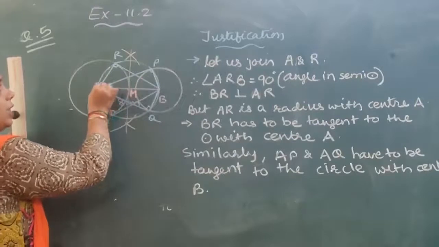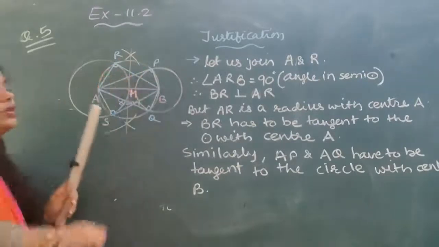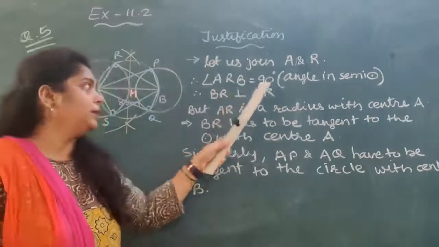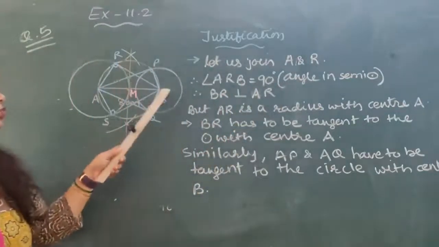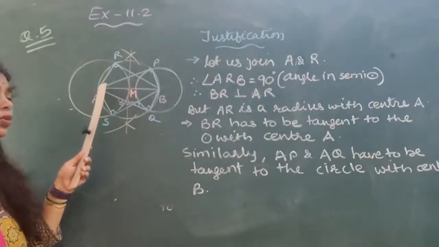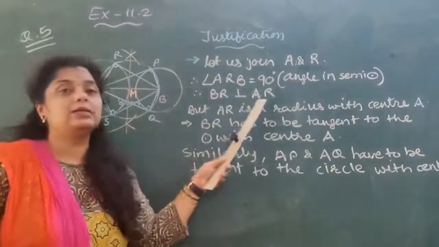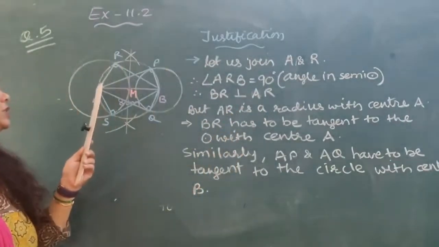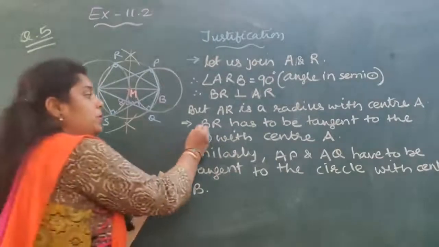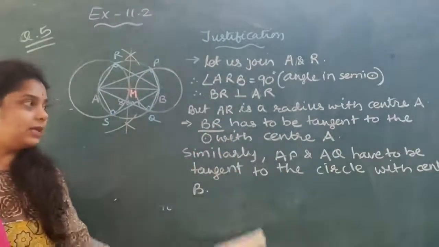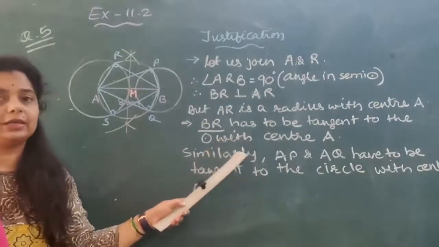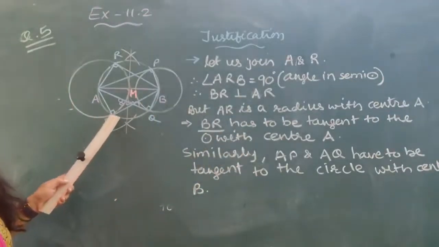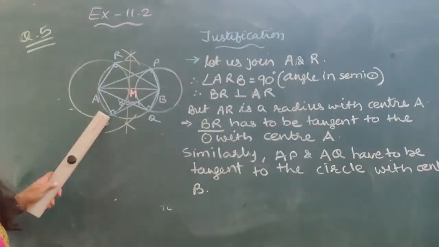The angle subtended in a semicircle is always 90 degree, and therefore angle ARB is equal to 90 degree. As it is 90 degree, so BR is perpendicular to AR, and as BR is perpendicular to AR and AR is a radius with center A, therefore BR has to be a tangent to the circle with center A. You can write the same with this thing also. Here join AS.